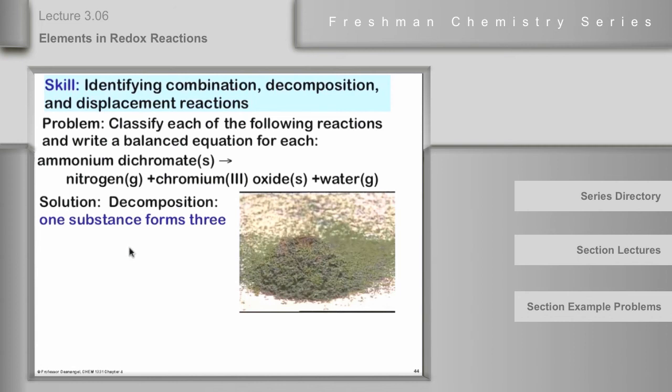So you're going to have to settle for video here. I'm sorry, I don't want any of my students hurt from anything that I do. So decomposition, one substance produces 3. And here's the balanced chemical equation. You can use that to practice balancing equations if you'd like to. So that's the first one.